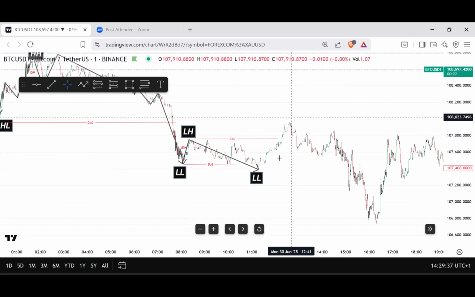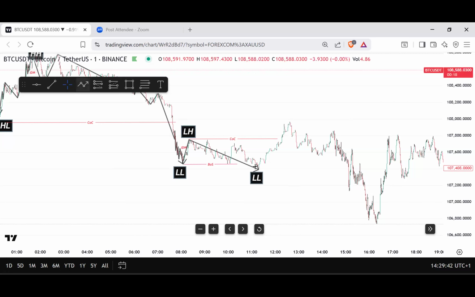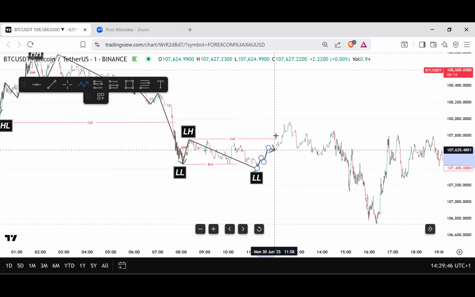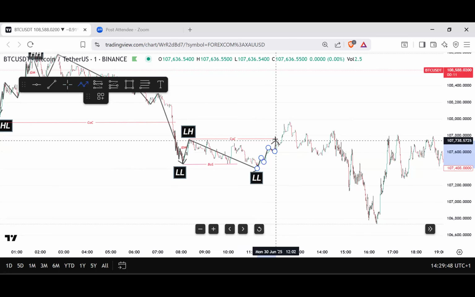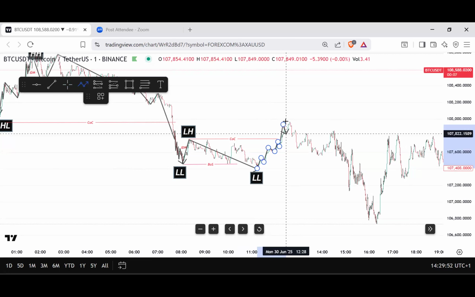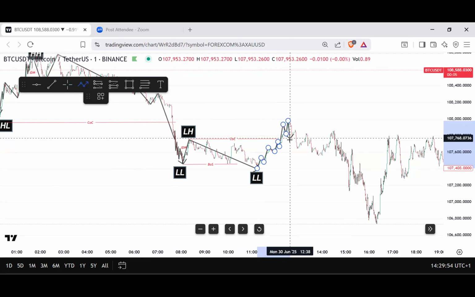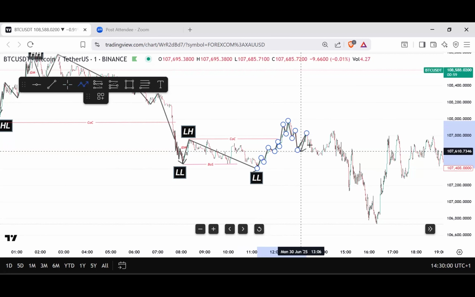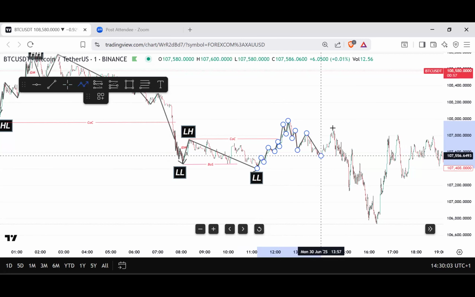So this kind of thing is happening. We are seeing this here because we are on a very low time frame, which is 1 minute time frame. It's good that we are using 1 minute, because if it were a higher time frame, we might not really see this much.